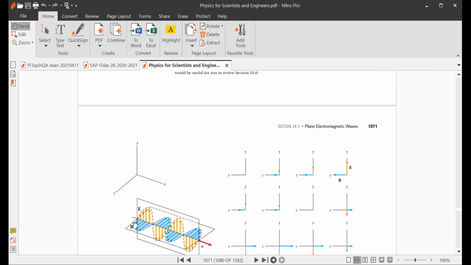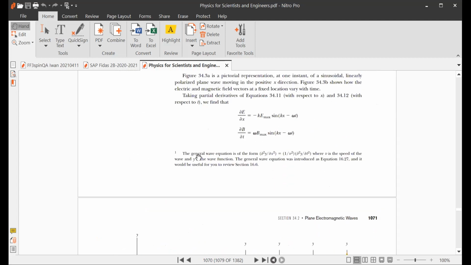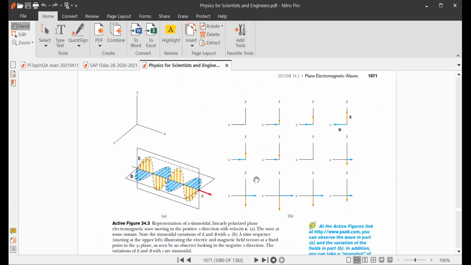So the magnetic oscillation direction should be in the z-axis. So this is the diagram. For example, this is y and z. We have this picture, and then they become bigger also. This E becomes bigger, then also B.